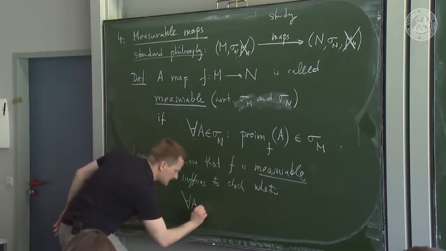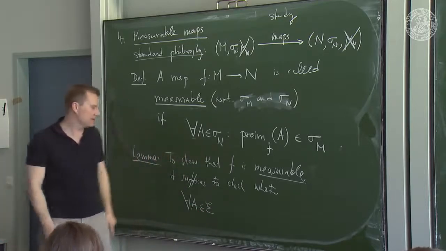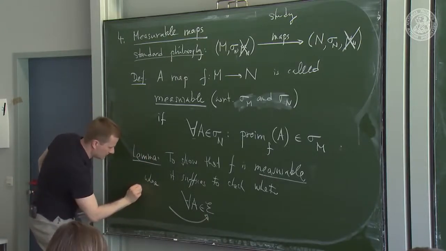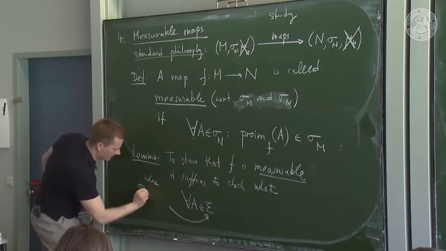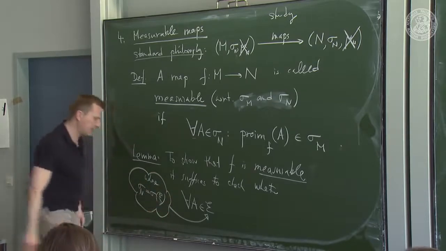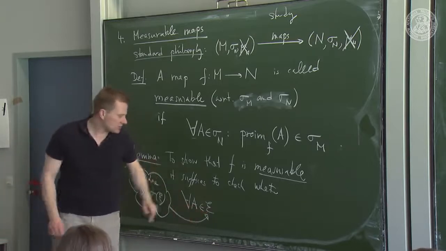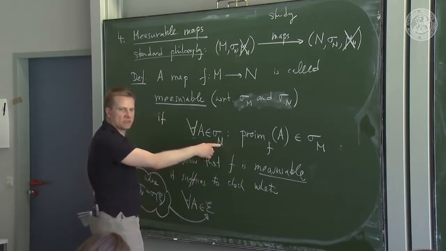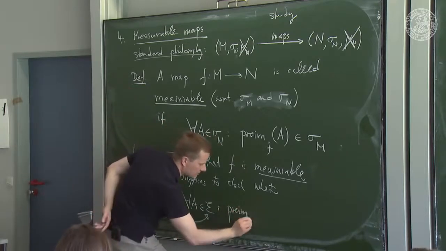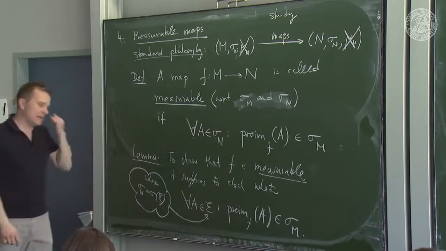But it suffices that you check all the sets in a generating set of the algebra, where the algebra on N is given by this generating set. And now it comes in handy. If you generate an algebra like this, then you only need to check for those in here, which is considerably less, if you're clever, than the whole set. You check there whether the pre-image of A under f is again in sigma M. Okay, that suffices.